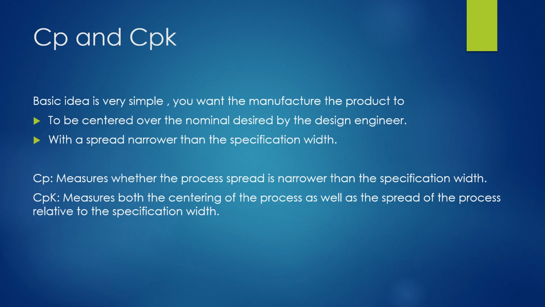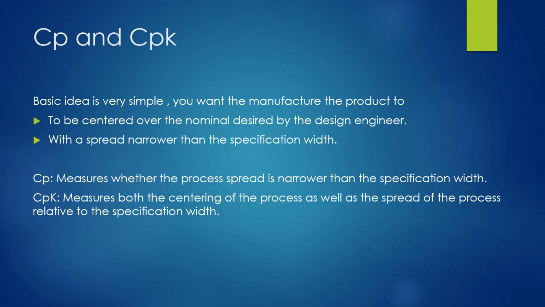Cp helps to measure whether the process spread is narrower than the specification width. How much my process has spread, whether towards the lower side or towards the higher side, we can get the idea from Cp. Cpk measures both the centering of the process as well as the spread of the process relative to the specification width.